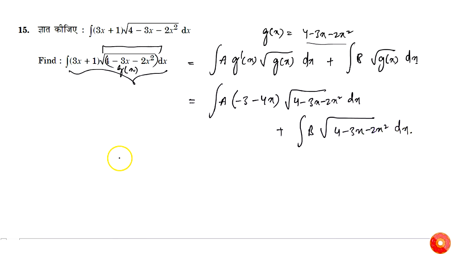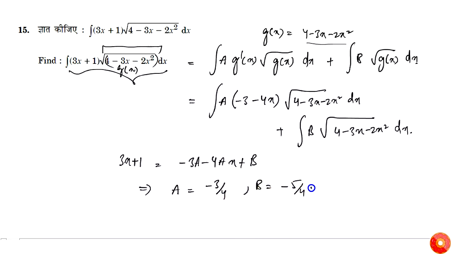Comparing both sides, I get 3x plus 1 is equal to minus 3 minus 3a minus 4ax plus b. So from this I will get a is equal to minus 3 by 4, b is equal to minus 5 by 4.